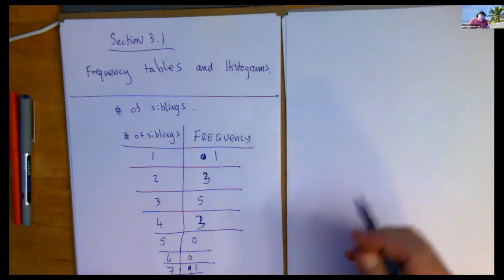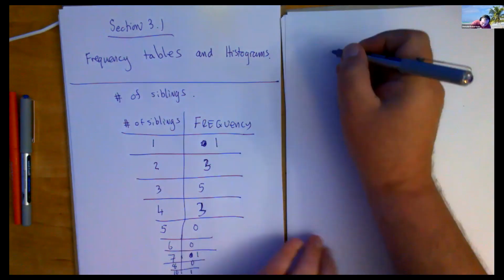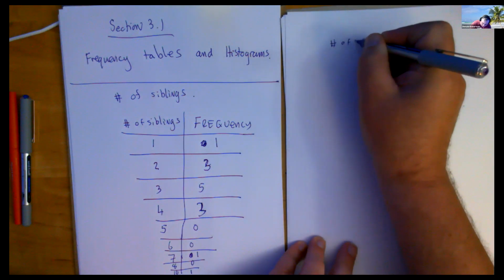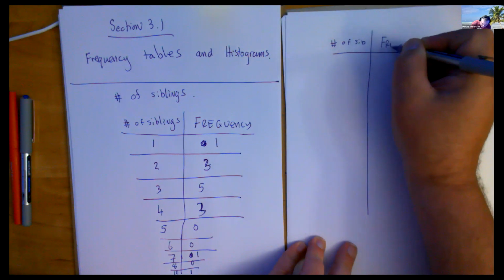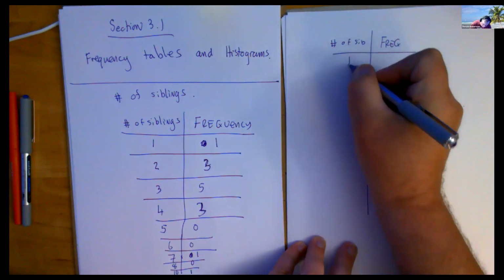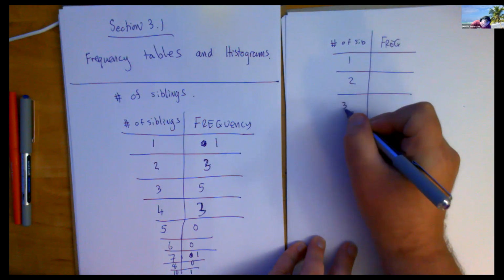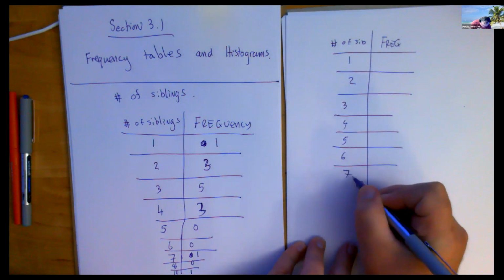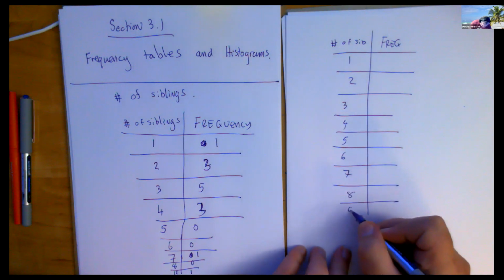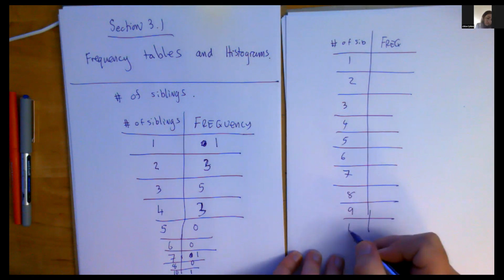Right, so I'm now going to switch back to show your data. It's a bit of a mess, I apologise for that, but at least you'll get the gist of what I was talking about. Essentially, you just create a table where you do number of siblings, and then the second column is always frequency. So you had 1, 2, 3, 4, 5, 6, 7, 8, 9, and then finally me.